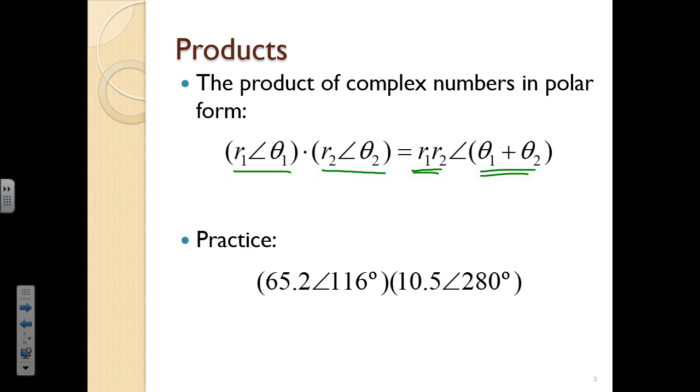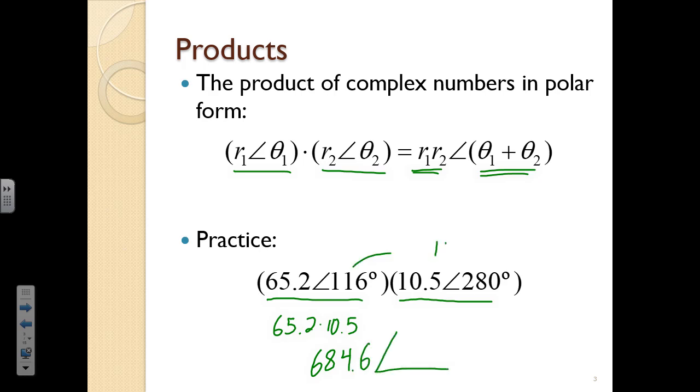So here's a real easy problem to do in that case. What is 65.2 at 116 times 10.5 at 280? Well, if we multiply 65.2 times 10.5, we end up with a new magnitude of 684.6 at a direction of 116 degrees plus 280 degrees, which gives us 396 degrees.